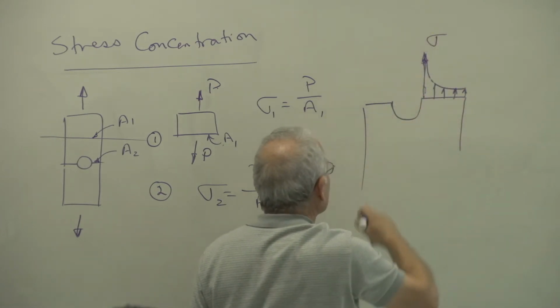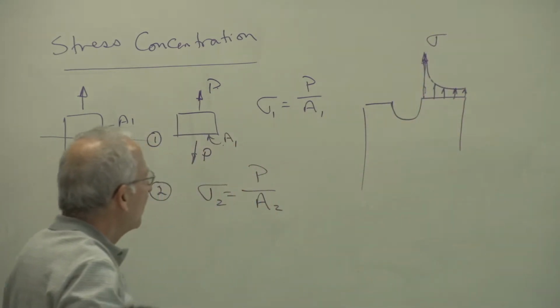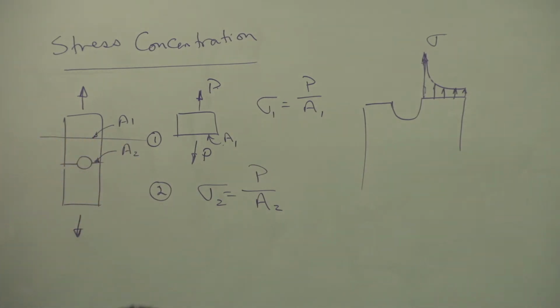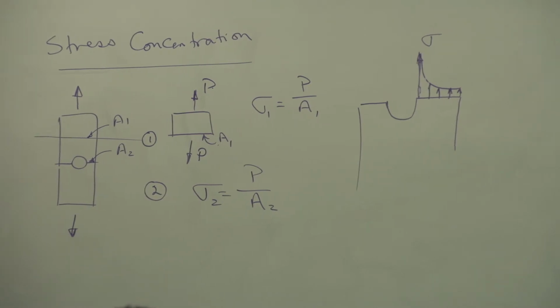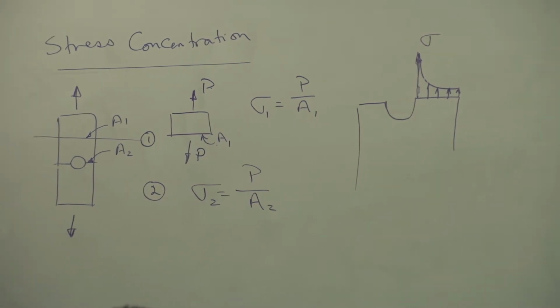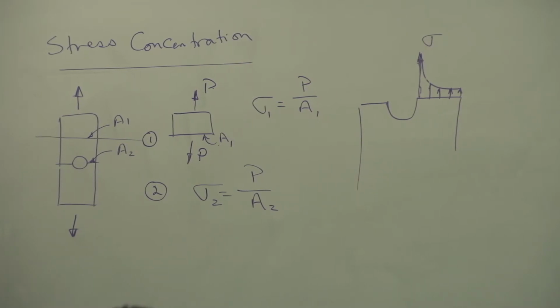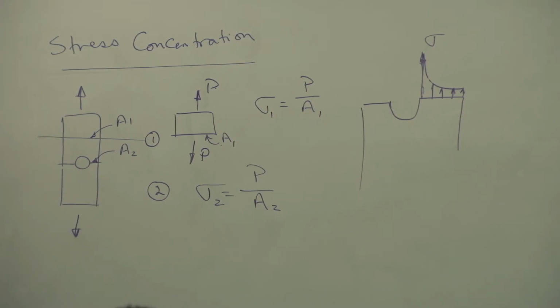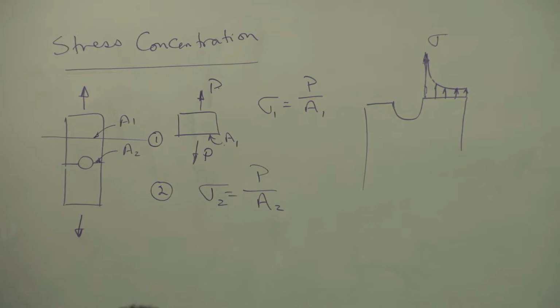The same thing on the other side, of course. There is an increase of stress near the hole, and its value drops off to the nominal stress when you get further away from the hole, very quickly, usually.